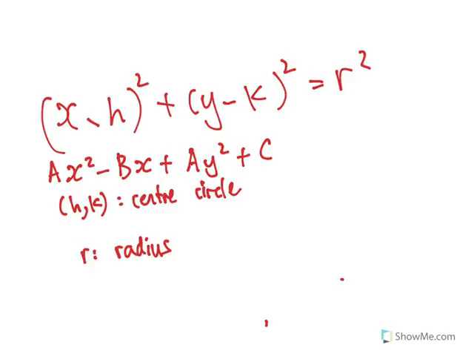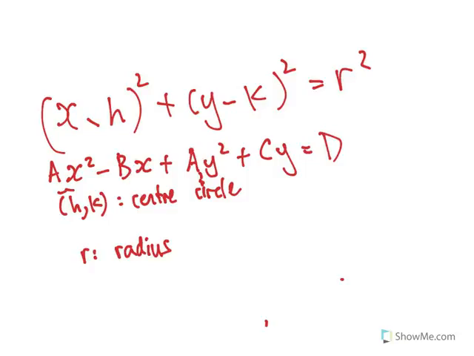So based on the method, what they tell you is ax square plus by square plus cx plus dy equals to d, something like that. Then for the equation of a circle, a and b always have the same coefficient. X square and y square always have the same coefficient. You know why?